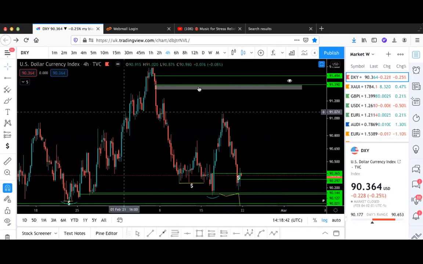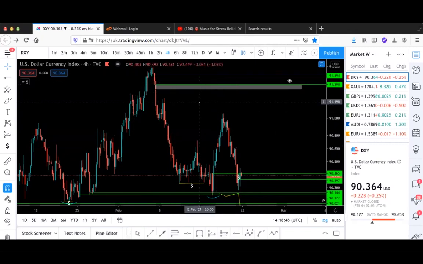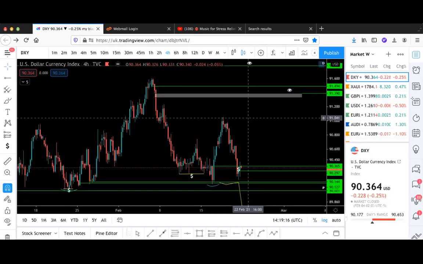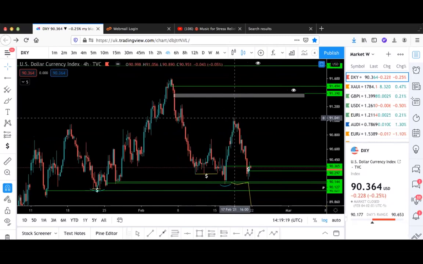So the main concept is here: if you understand what the dollar index's next move is, it becomes easy for us to confirm the next dollar-based pair move, just to make sure that it's workable and going to move in this direction. So it's very important for us to first understand the dollar move. Why? Dollar moves always give us an impact on the major currency pairs, right?